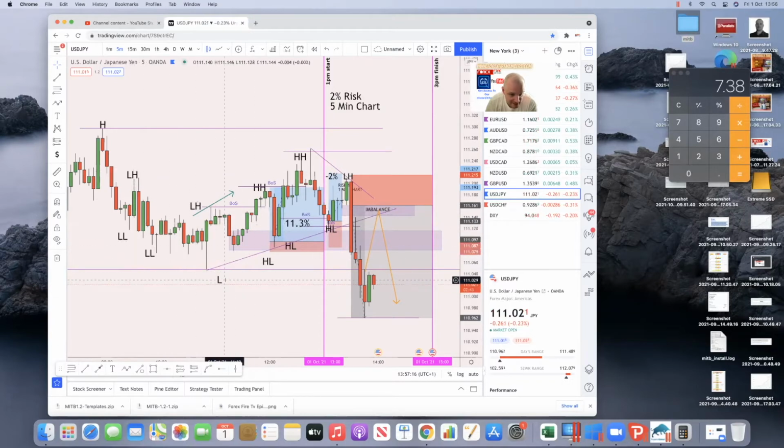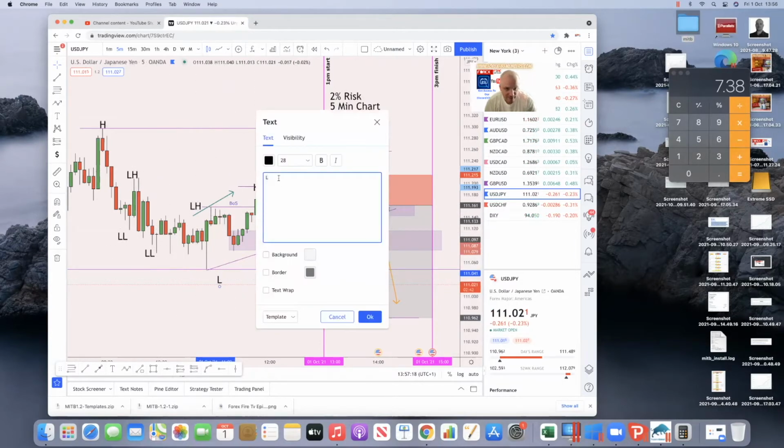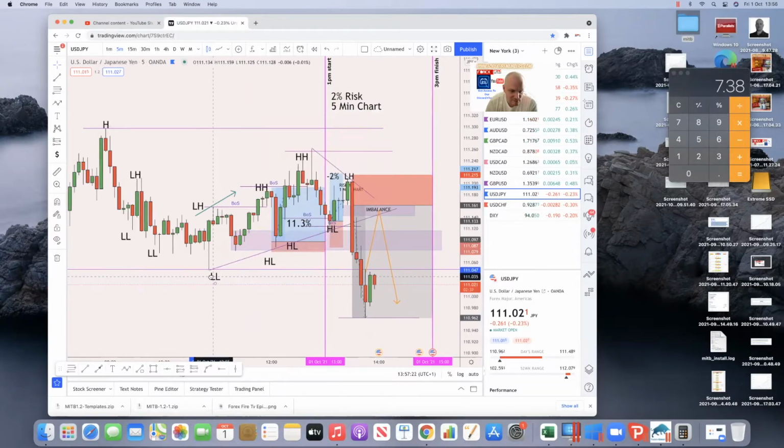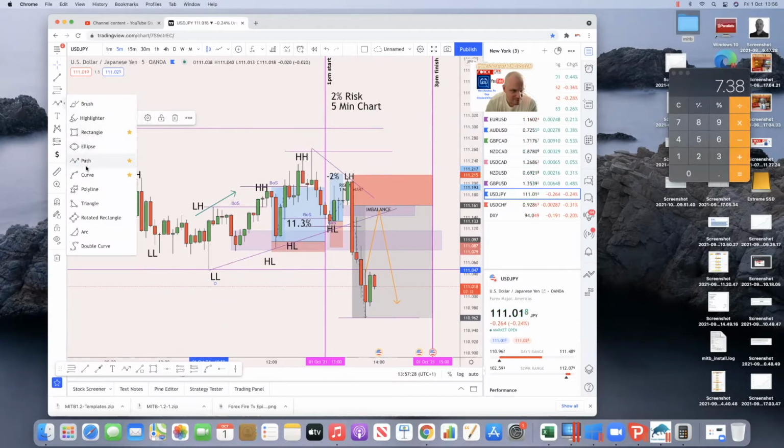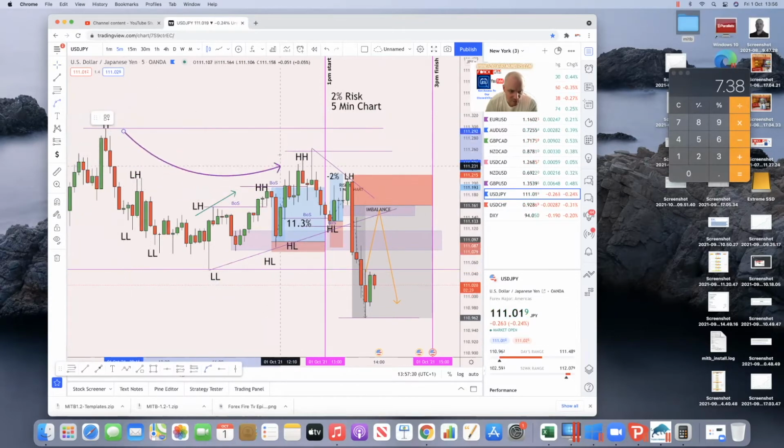In essence, this here as well is also a lower, lower. Okay, and then from there, we've had a shift in motion, and then back on the downturn.